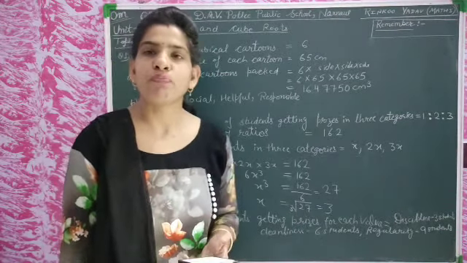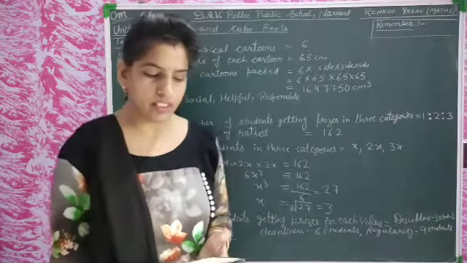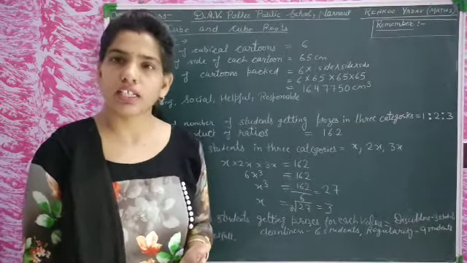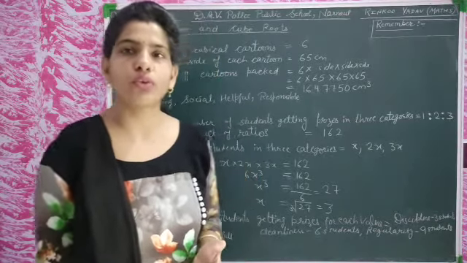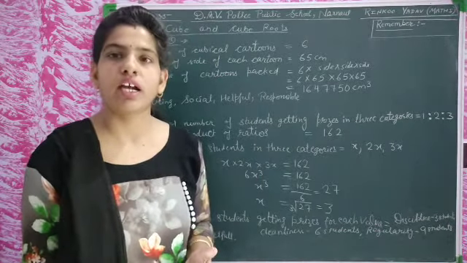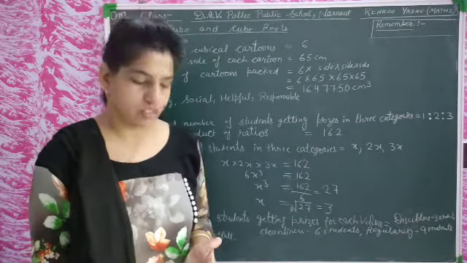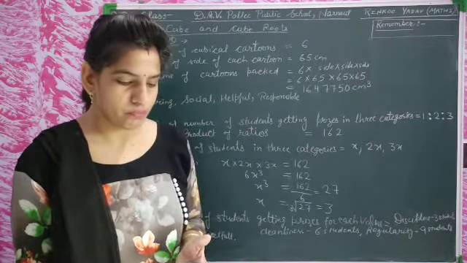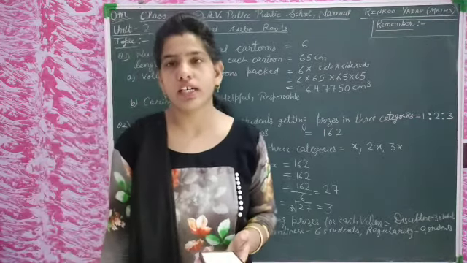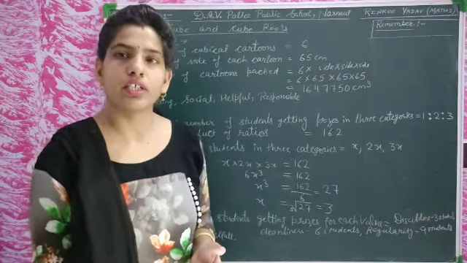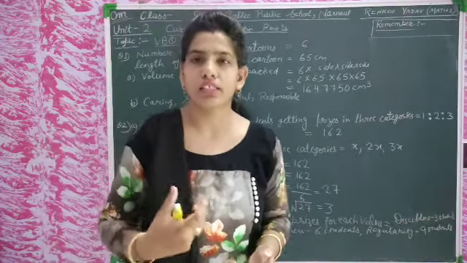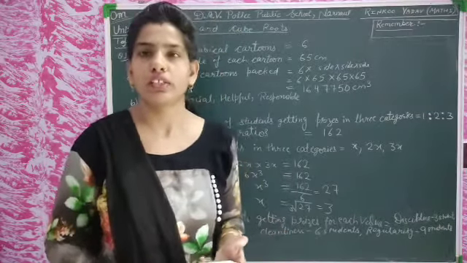First is discipline, second is cleanliness of environment, how you clean your environment, and next is regularity in attendance, how regular you are in your attendance. These are the 3 prize categories.